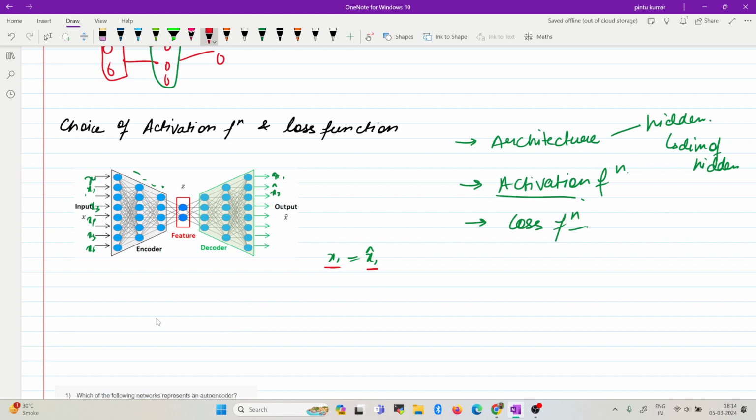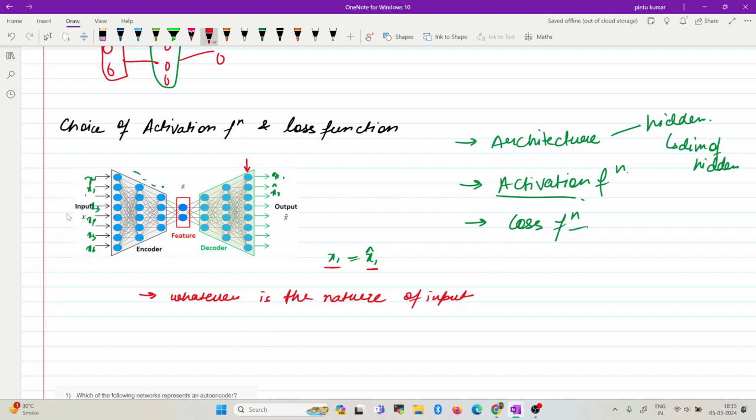So what does this motivate us to do? Whatever is the nature of your input, we want the activation function for the last layer of the neural network that we are designing to output values of the same nature.